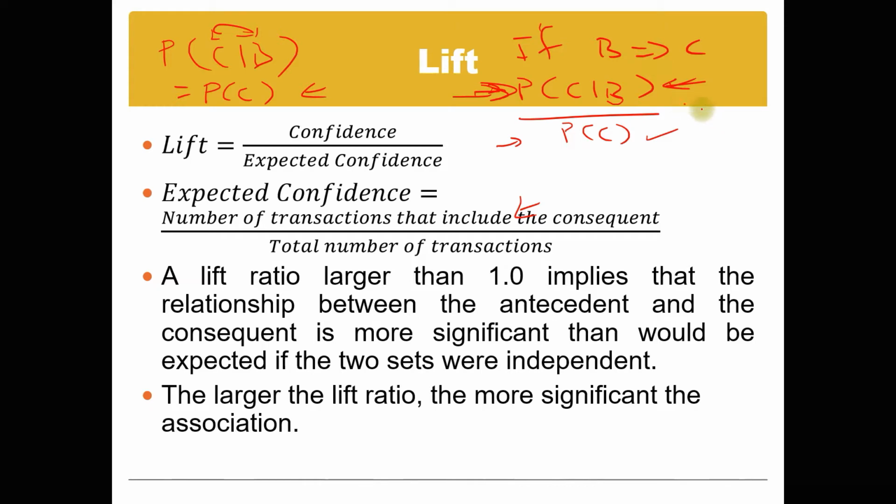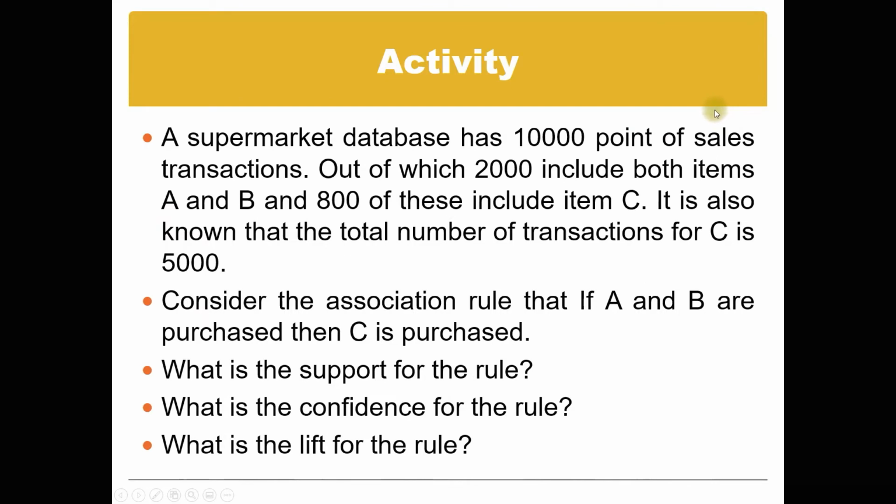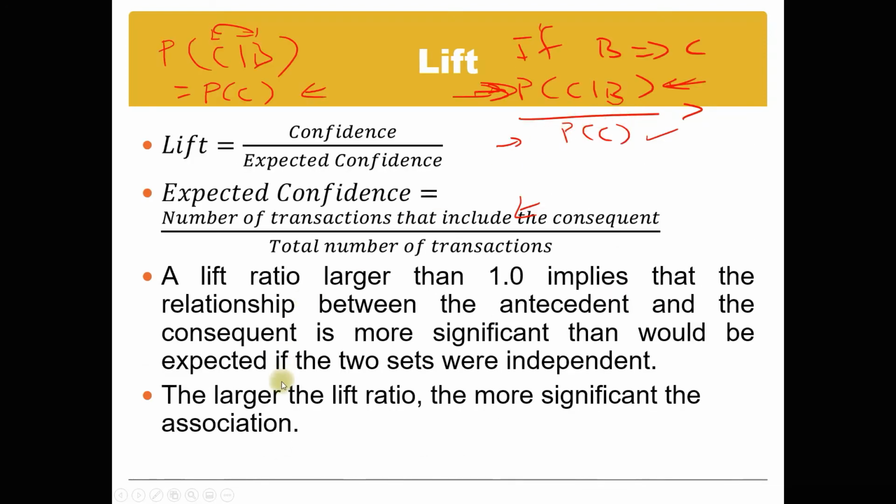But if this is greater than 1, what would that imply? That is, the probability of C given B, the confidence, is higher than the expected confidence. Right? The expected confidence here is related to the assumption of independence. Now, if this is higher than that, what does it mean?